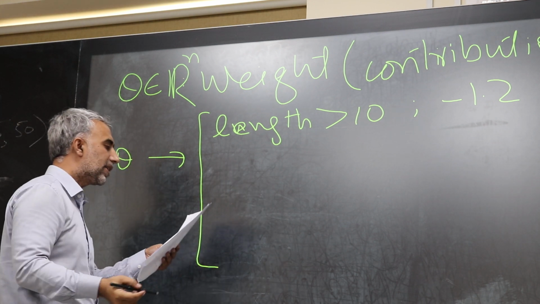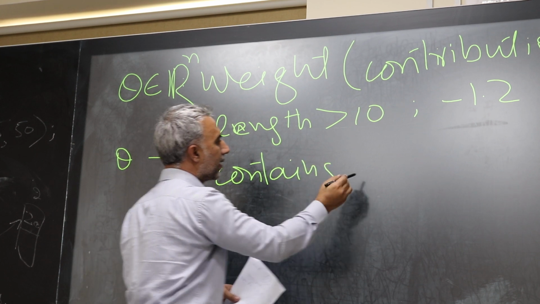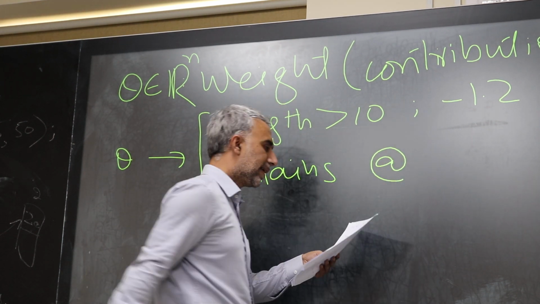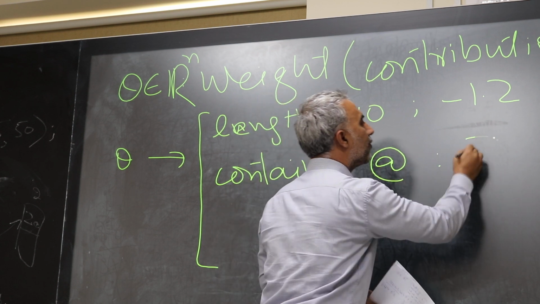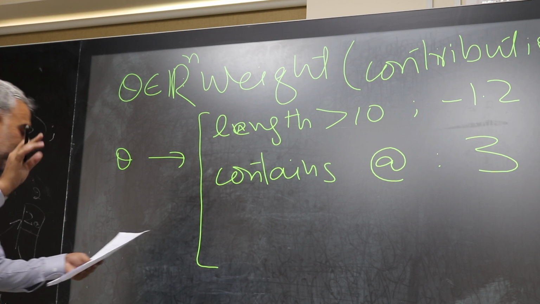Or you can say that it contains the at-the-rate symbol, which is very important in an email. Intuitionally, you can set the weight, as I told you, like an intercept value, just as clinical experts set the tumor cell size. Being a data scientist, first I will explain the weight.